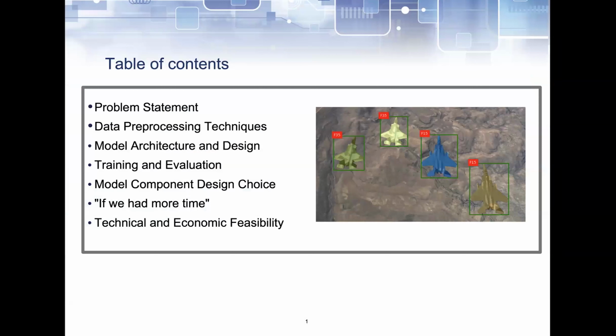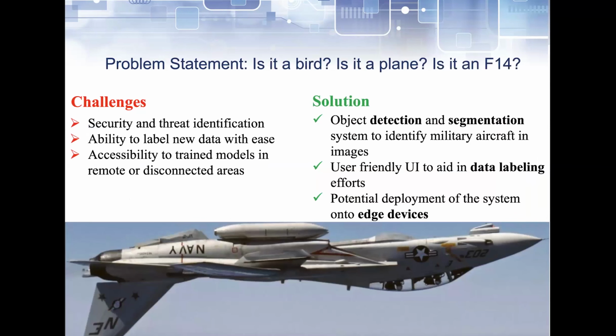Just a quick overview of what I'll talk about today. I'll quickly go over a problem statement, get into data preprocessing, into modeling, and then what we would do with more time. So some of the challenges that projects like this could help solve are areas like security and threat identification.